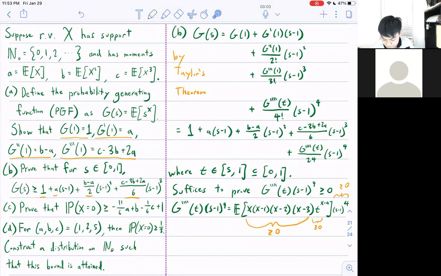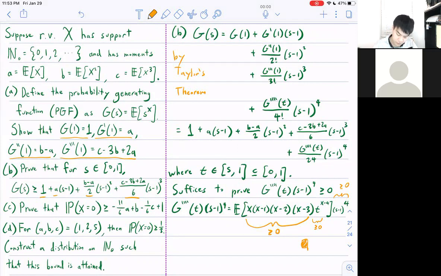Why? Because x minus 1, x minus 2, x minus 3: x is a natural number. So if it equals 0, 1, 2, or 3, then this entire expression equals 0. If it's 4 or greater, then we're just multiplying a bunch of positive numbers, so taking the expected value will also result in something positive. So then we're done here. Draw in the QED box, and that's it.